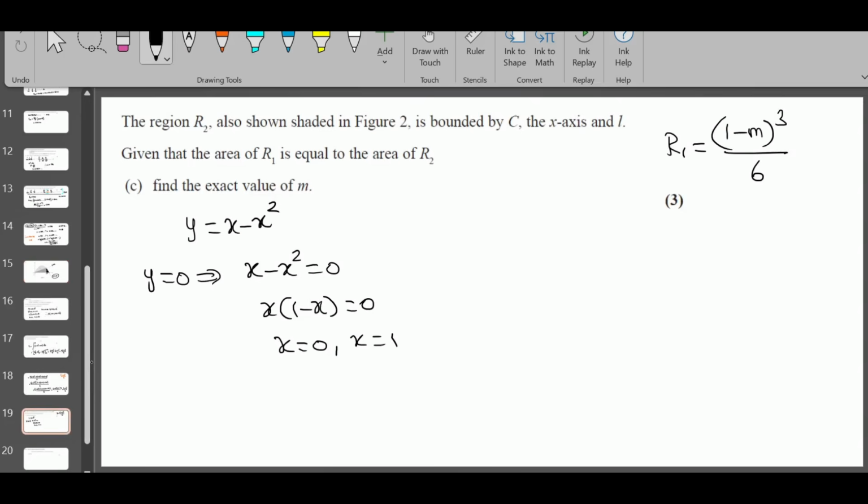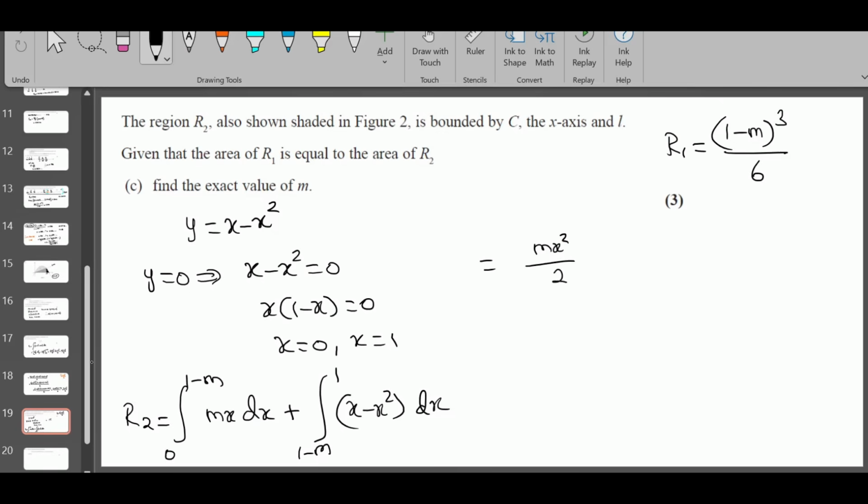So we are going to integrate the straight line first, from 0 to 1 minus m, mx dx, plus integrate the curve from 1 minus m to 1, x minus x square dx. This is what R2 is. And equate this to R1. So when you integrate, mx square over 2 from 0 to 1 minus m, plus x square over 2 minus x cube over 3 from 1 minus m to 1.